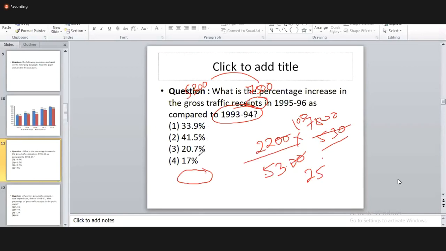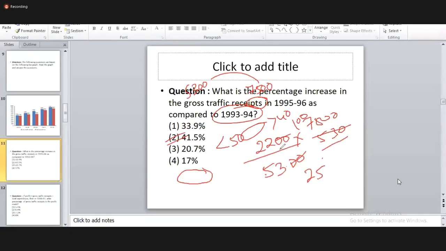Yes or no? So definitely it's not less than 40%, but more than 40% will be my answer, no? So can I say my answer is 41.5? Or you can actually calculate this also. Okay, by canceling something, you can actually get your answer.